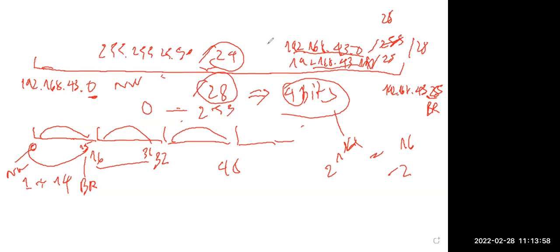But when you change to slash 28, the range is only 16, so it's only from 0 to 15, 16 to 31, and so on. That's why some of you, when you work on the assignment, email me asking why you got a notification error that you have an overlap or cannot configure it. It is because you did not change the subnet mask. When you do not change it, all of them are on the same network and they overlap together.